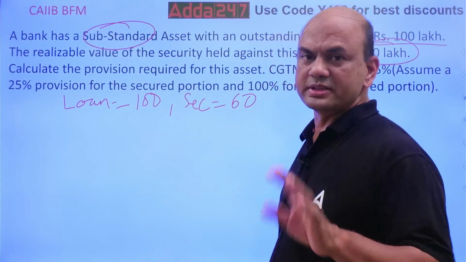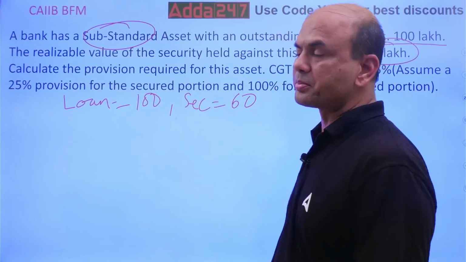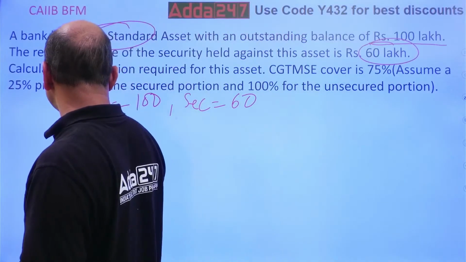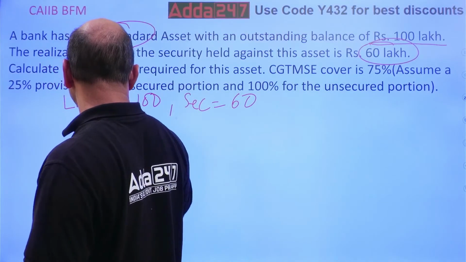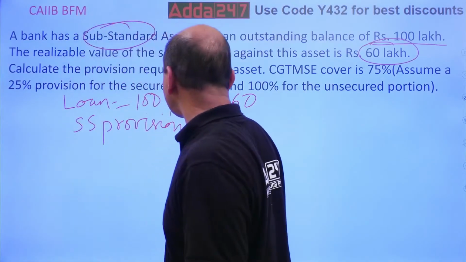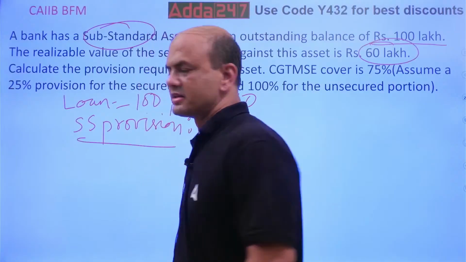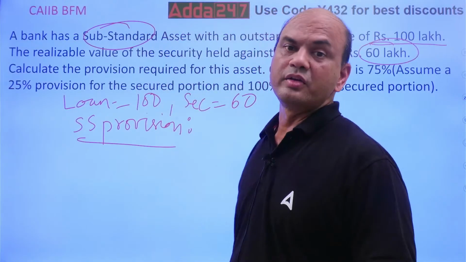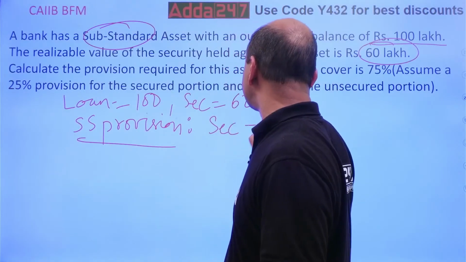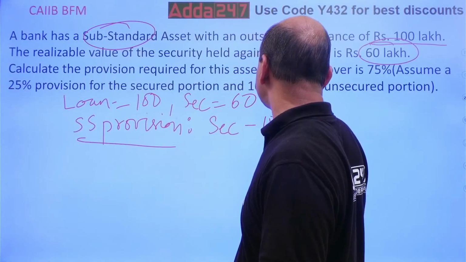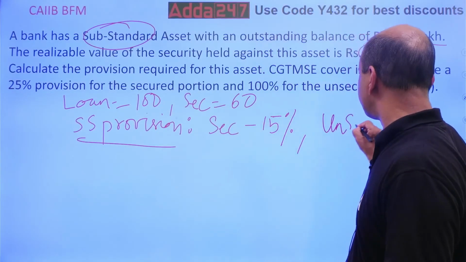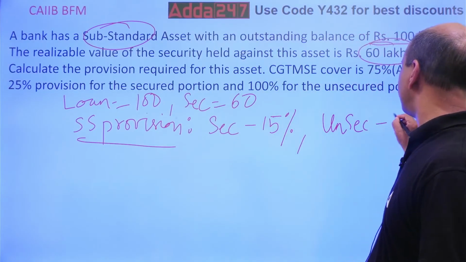So now first understand substandard. What is the provisioning for substandard? For the secured part, the provisioning is 15%. And for the unsecured part, the provision is 25%.